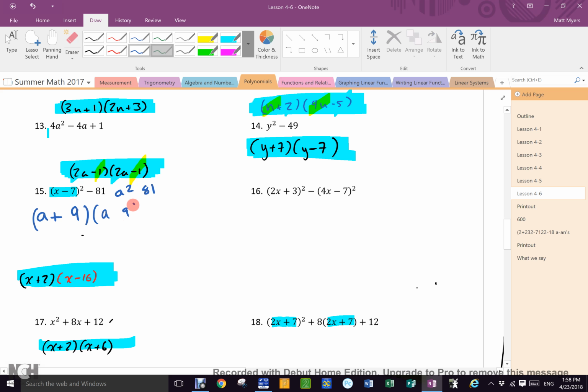A minus 9, because I already got the plus, right? Now, is there an a anywhere in the original equation? No. What is a? So isn't this really x minus 7 plus 9? What is negative 7 plus 9? x plus 2. And isn't this really x minus 7 minus 9? What's negative 7 minus 9? Negative 16. And it's done.